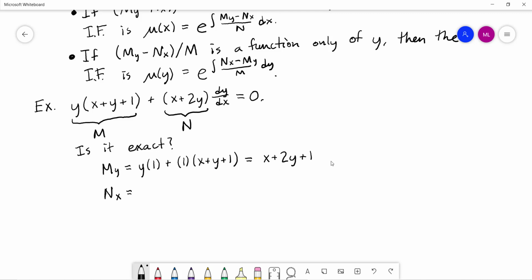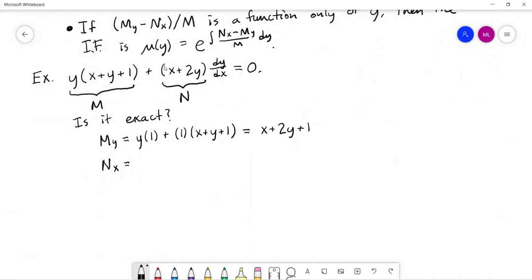Okay, so there's my M_y. What about N_x? What is the x derivative of this term? Well, that's pretty easy. This one has no x dependence, so the derivative of that term is going to be 0. What's the derivative of just x? It's 1. So we just get 1. Are those the same? Not equal. So not exact.